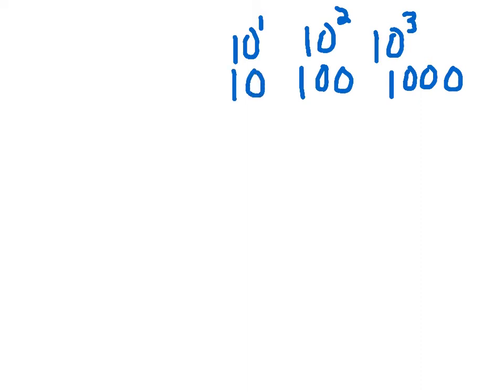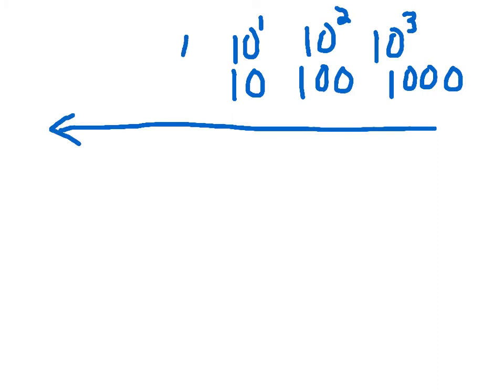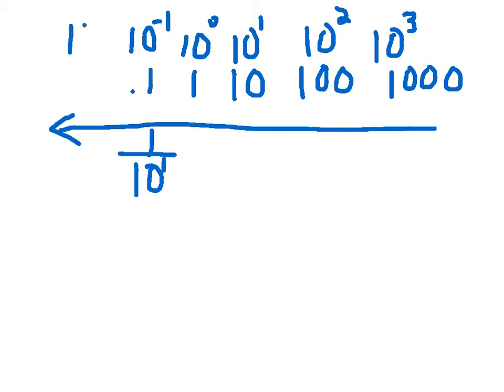As I move this way, I'm dividing by 10. 10 divided by 10, and we know 10 to the 0 power is 1. And we said 10 to the negative first power is 1 over 10 to the positive first. We know that also is 0.1, 1/10. 10 to the negative second is the same as 1 over 10 squared.